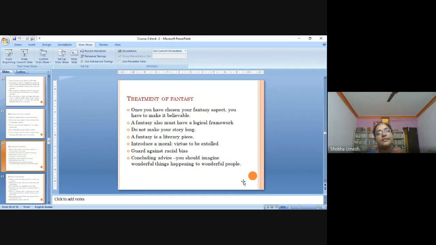and how the theme or the treatment of fantasy should be carried out in the story. So if you have chosen your fantasy aspects, you have to make it believable. You have to make the child believe that the fantasy character is realistic.